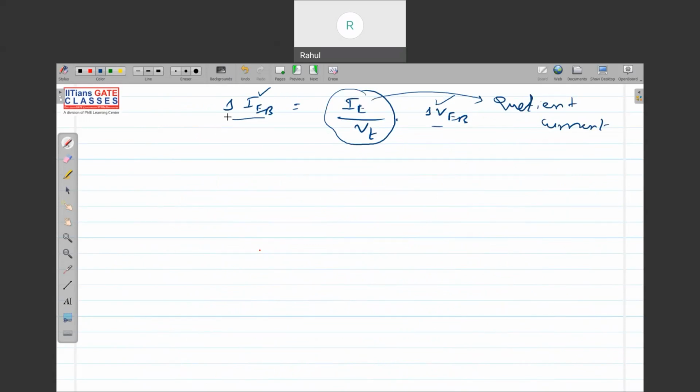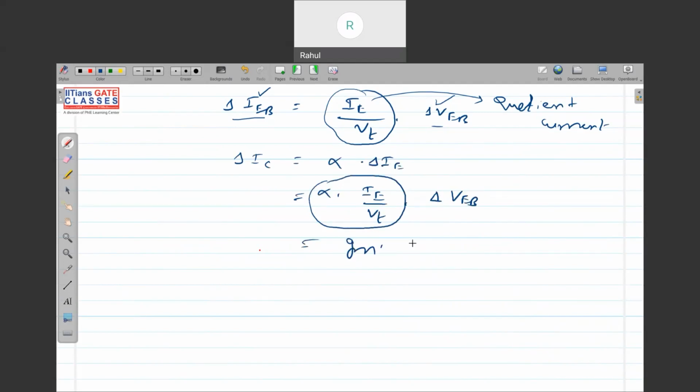Now I want the change in collector current, equal to alpha into del IE, equal to alpha into I by VT into del VEB. This term is called the transconductance gm, so del IC is gm into del VEB.